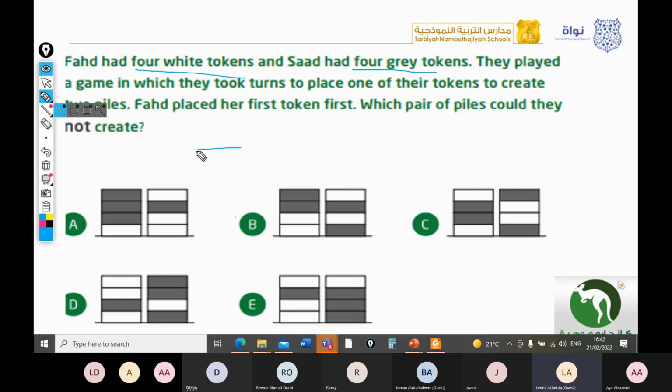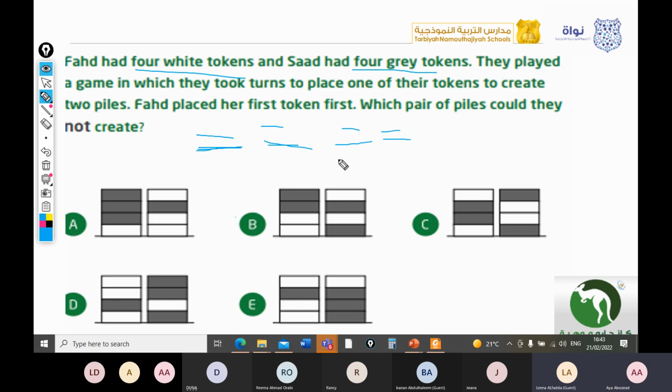Remember? One and another one. You cannot put 2 white on the same time, not gray on the same time. Maybe I can put 1 white, 1 gray, 1 white, 1 gray, but I cannot put 1 white, 1 gray, 1 white, 1 white.